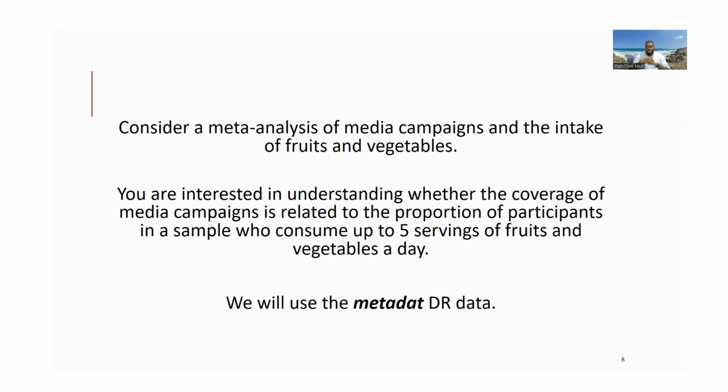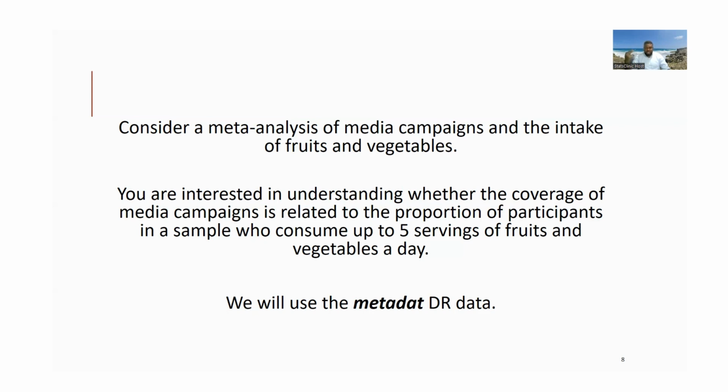Okay. And for your meta-analysis, people have conducted all these kinds of studies across multiple communities, and you collect all this data, and you want to see whether coverage of media campaigns affects outcomes. Coverage here means the proportion of the population that actually sees or hears the media campaign. So if there's a radio jingle, how many people heard that radio jingle?